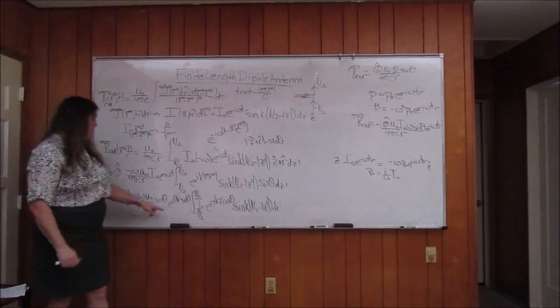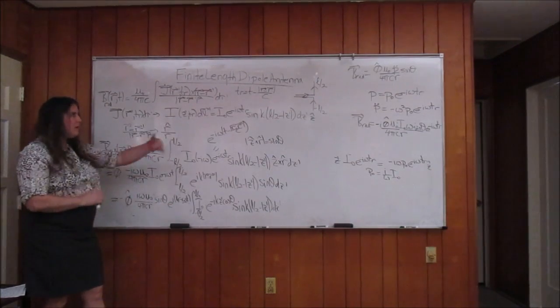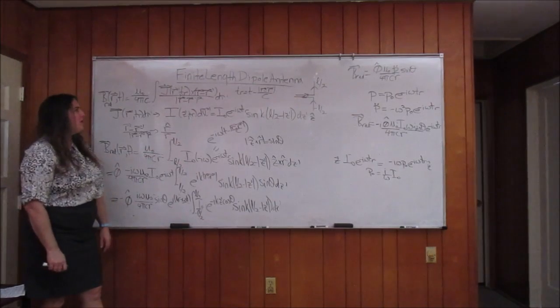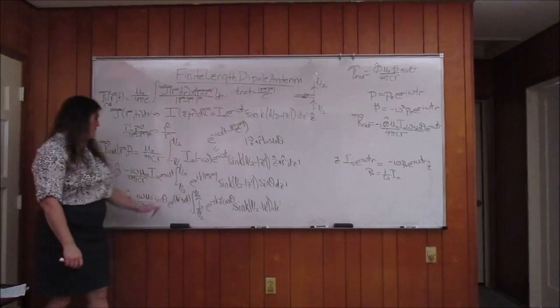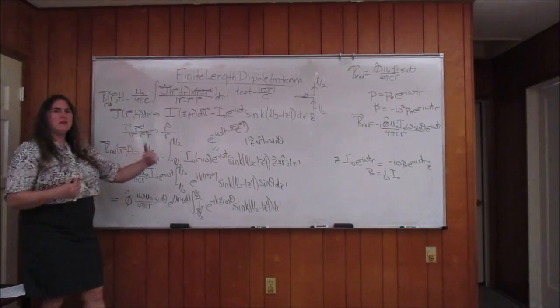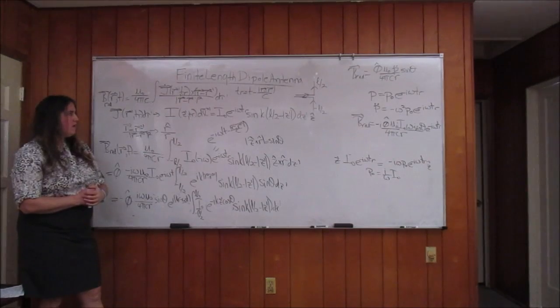So you can see that it's like taking a bunch of dipoles and building them up, integrating over them. Again, I'm just drawing a parallel between what we wound up with before and our solution for a real antenna of finite length.